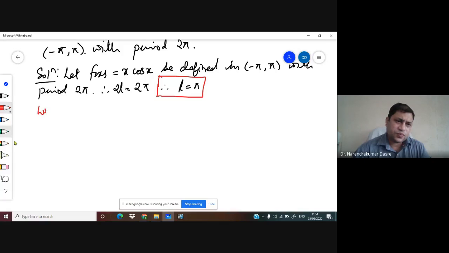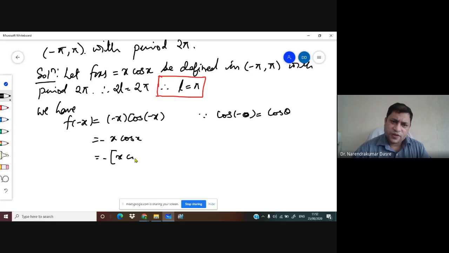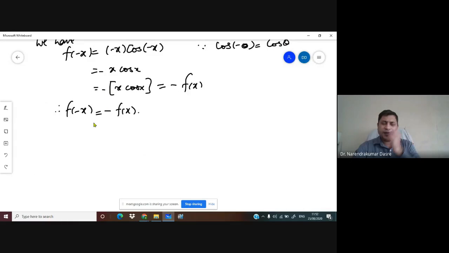So we have f of minus x is equal to minus x into cos of minus x. Since cos of minus theta is equal to cos of theta, it is minus x cos x, which is minus times f of x. So we got f of minus x is equal to minus f of x. In an examination you can identify this directly and go for it; this is for your understanding.